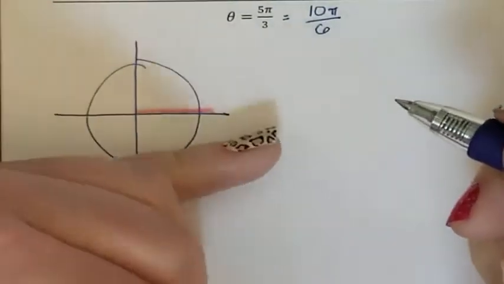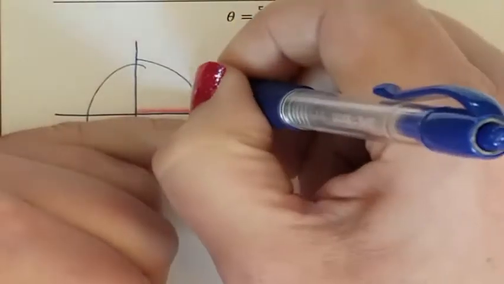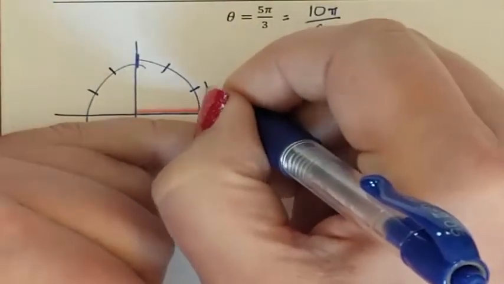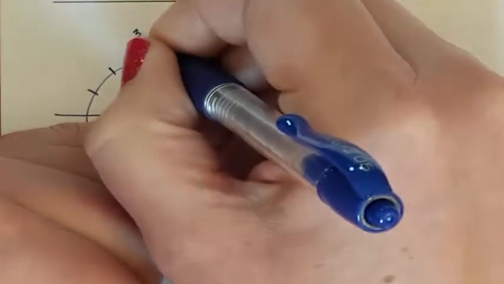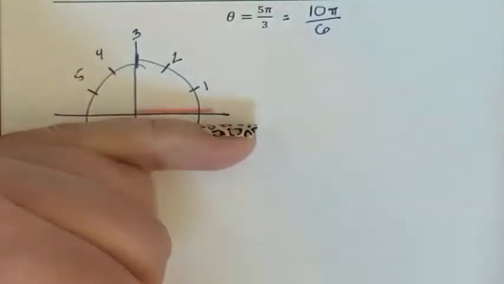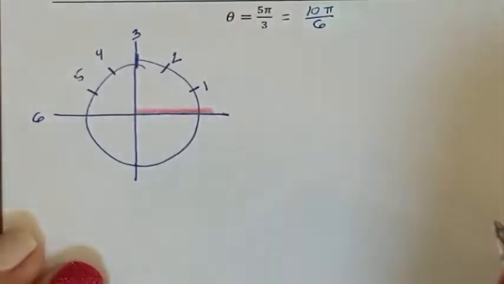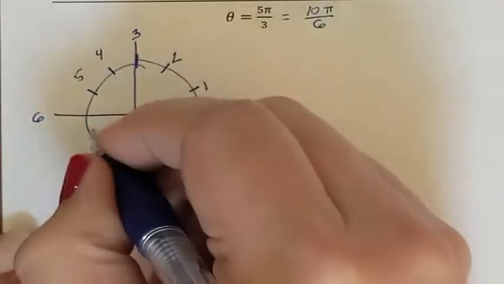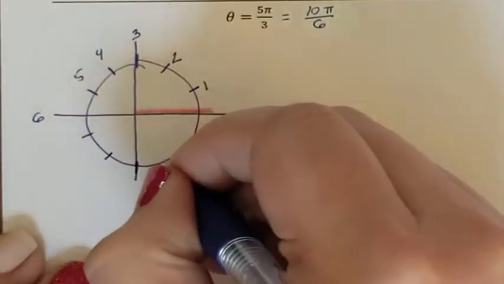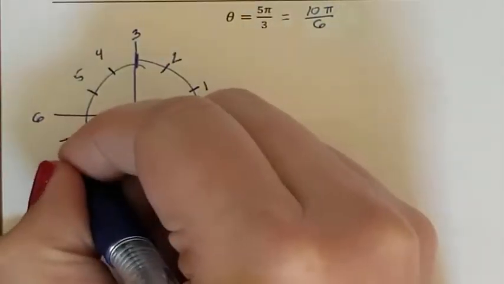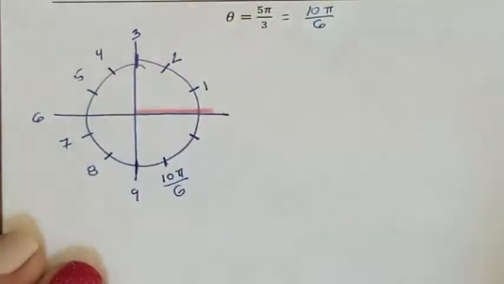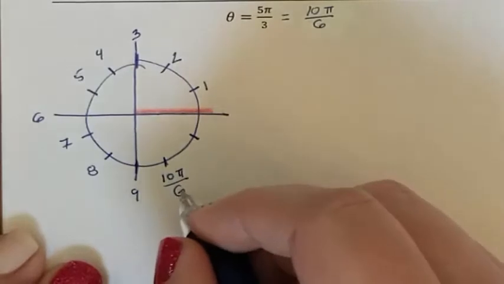Remember that's when we divided these into 6 equal parts. So these were all the sixths. That was 1 sixth, 2 sixths, 3 sixths, 4 sixths, 5 sixths, and this would have been 6 sixths. And so we had to keep going past that. So this side also had to be broken up into its sixths. So this would have been 7, 8, 9, and this would have been ending up at your 10 pi over 6, which is your 5 pi over 3.